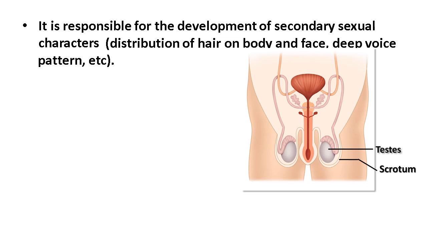It is responsible for the development of secondary sexual characters, distribution of hair on body and face, deep voice pattern, etc. This hormone production differentiates a male from a female. You can observe testes kept outside the body of the male in a pouch called scrotum. It is essential for the production of sperm.